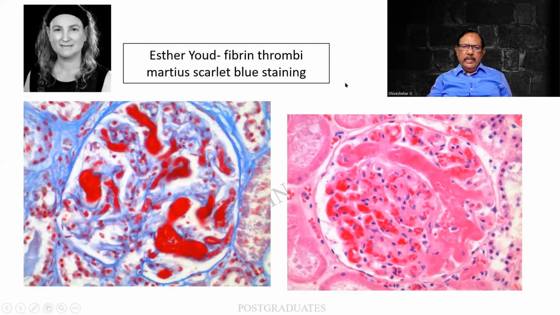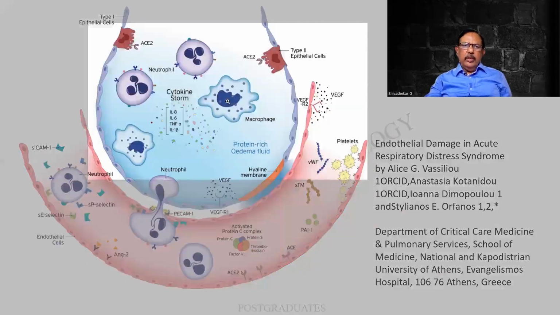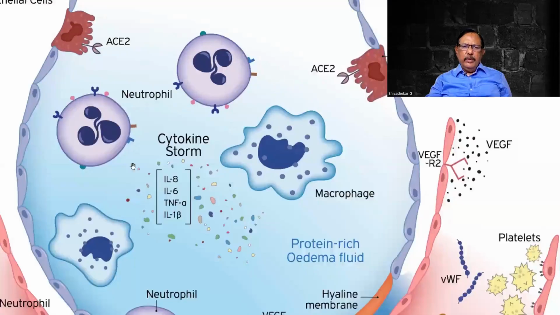The red and the blue contrast. This is another one I showed earlier. You will have to see what the various mediators are, what the cytokine storm within the alveolus is, and how that leads to the various pathology. You can make use of this for any other answers.